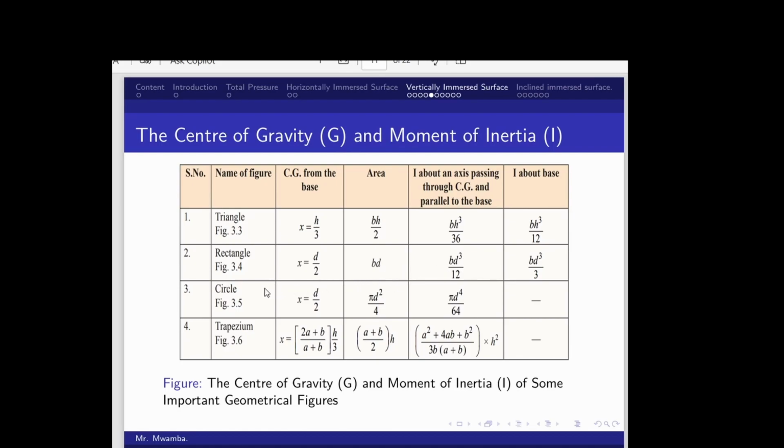And then when the immersed object is circular, the moment of inertia will be given by pi d to the power 4 over 64. And the area of a circle, we know it's pi r squared, or pi diameter squared over 4. When the immersed object is a trapezium, this is how you find the moment of inertia. The area for a trapezium is given by this.